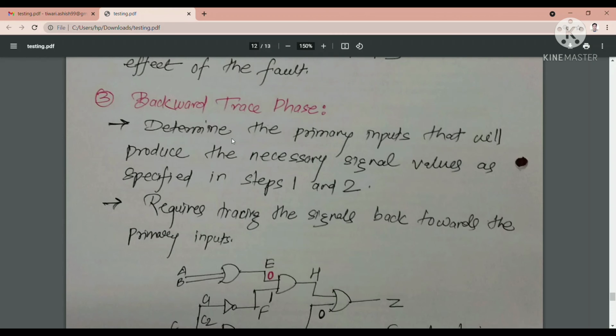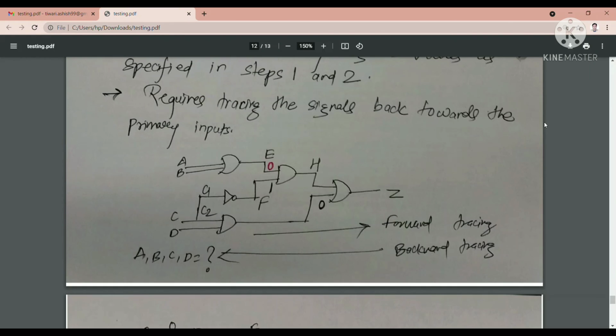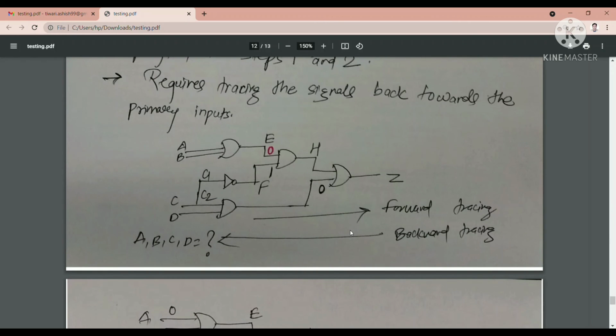By backward tracing we can ensure that. It requires tracking the signals back towards the primary inputs. Whatever we have seen in these three steps, we will apply in this particular example, so that you can easily understand what the forward and backward tracing is and how we can decide the test vectors in the path sensitization method.